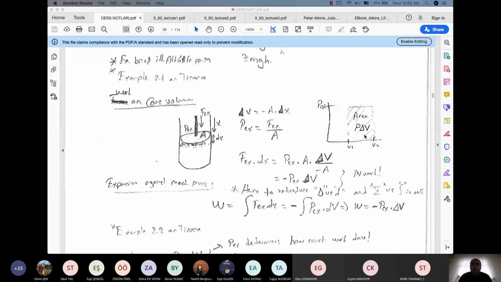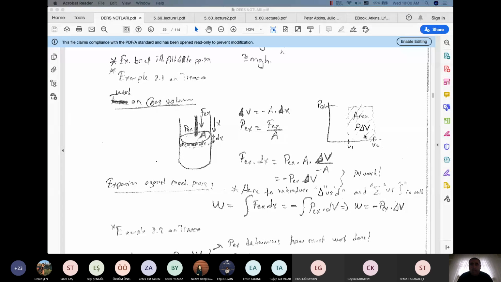So the pressure times volume is actually the same thing as the force over x, which is defined as work. So the work can be either a force times distance or the pressure times volume.